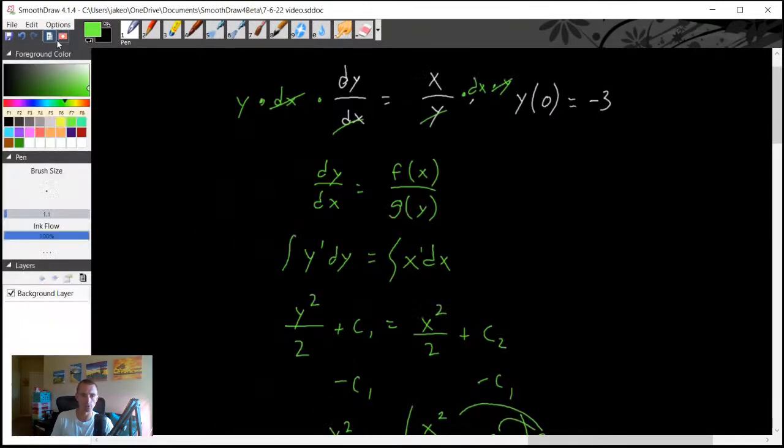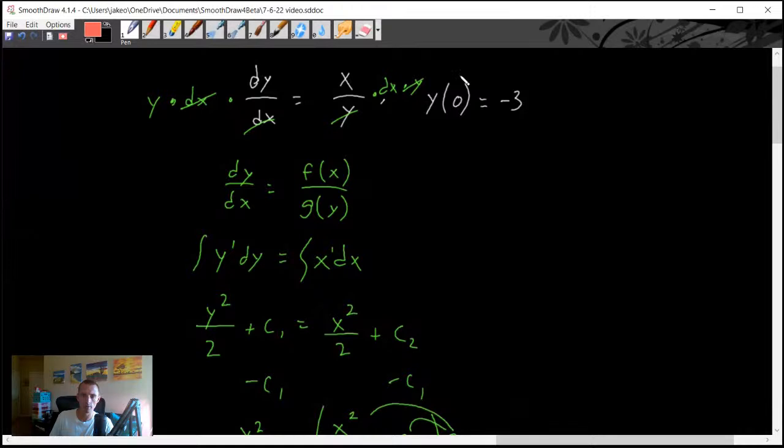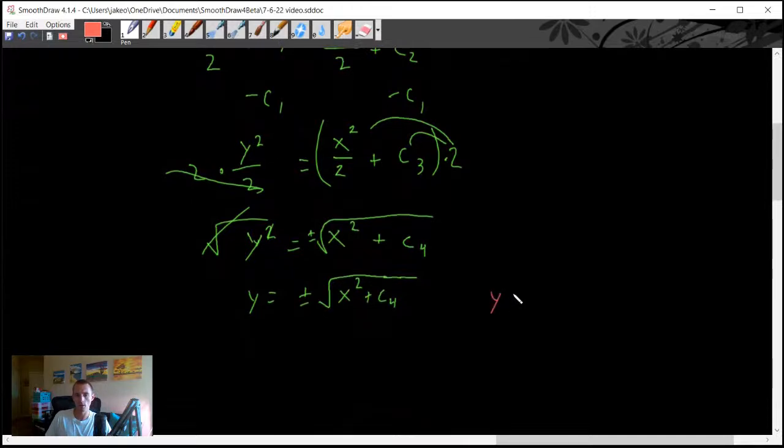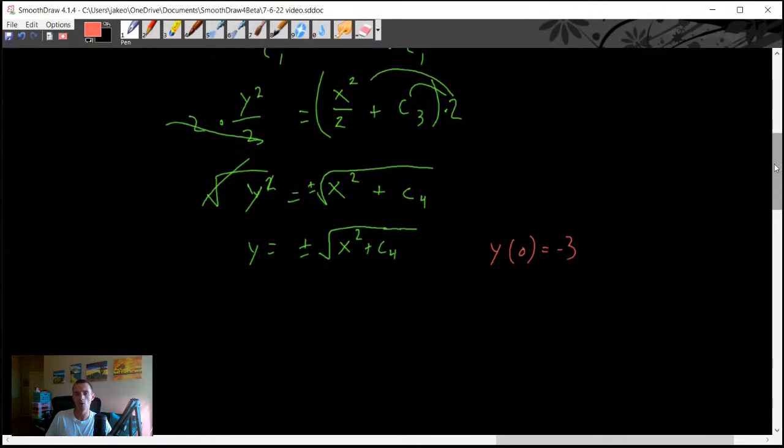Okay, so our initial condition, let's deal with that. So first of all, this is the part of the problem that we were given that is our initial condition. It tells us that y of 0 is -3, okay? I'm just going to write that down here. Y of 0 is -3. What does that mean? Well, it means that when you plug 0 into our function y, we get out -3.